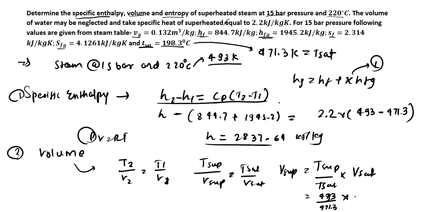V saturated is given, this is Vg, 0.132 meter cube per kg. So if you multiply by 0.132, you will get the answer as 0.138. The unit will be the same, meter cube per kg.